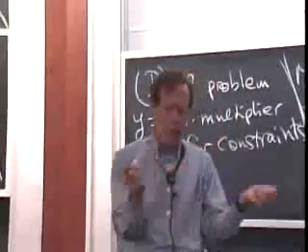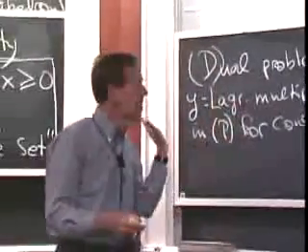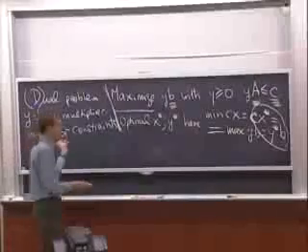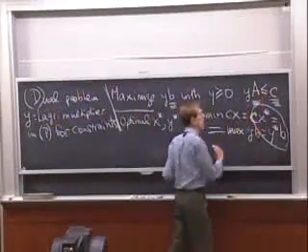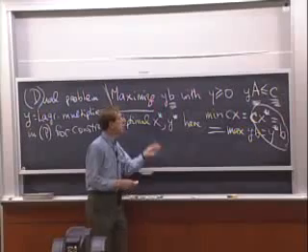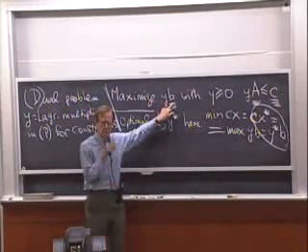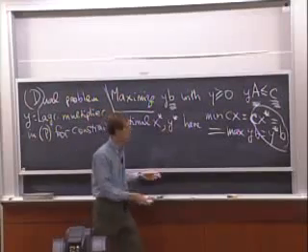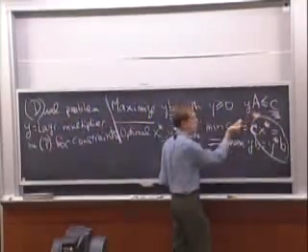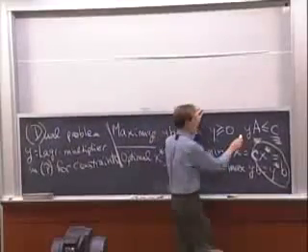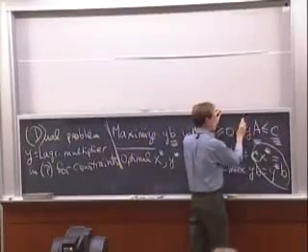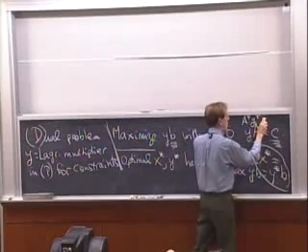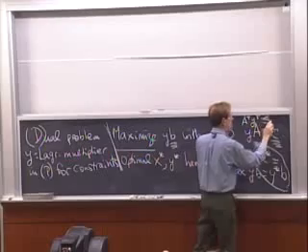Duality is about two problems that use the same data, but they look quite different. You know, they're using the data in different ways. The cost function there showed up in the constraint here. The constraint B there showed up in the cost function here. And even A got flipped. Because if I used my usual column vector notation, if I just transpose this, this would be A transpose y less or equal to C transpose.